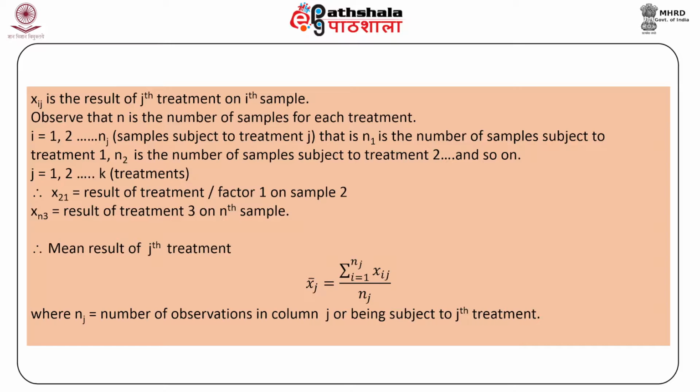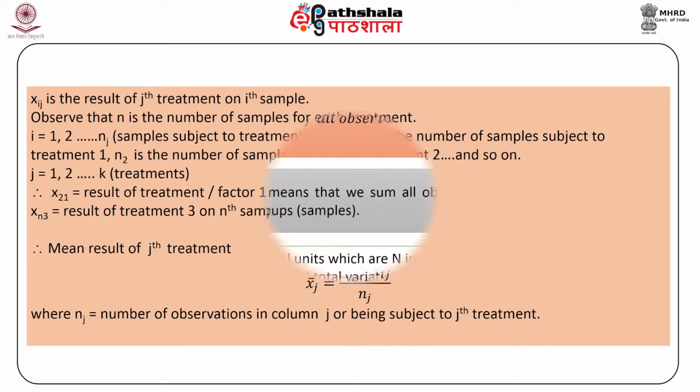Therefore, the mean result of the jth treatment is xj bar equal to the summation of xij, where i varies from 1 to nj, all divided by nj, where nj is the number of observations in column j subject to the jth treatment.